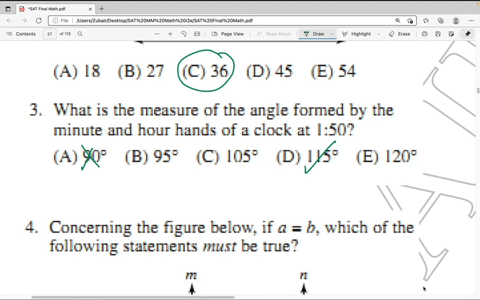Oh, I get it. Because the hour hand is actually not on 2. That is a bit before that. It makes an angle of 25. So 3 angles of 30 and 1 of 25.